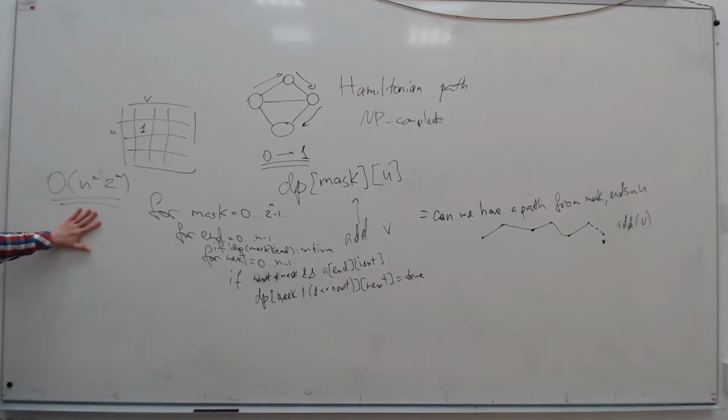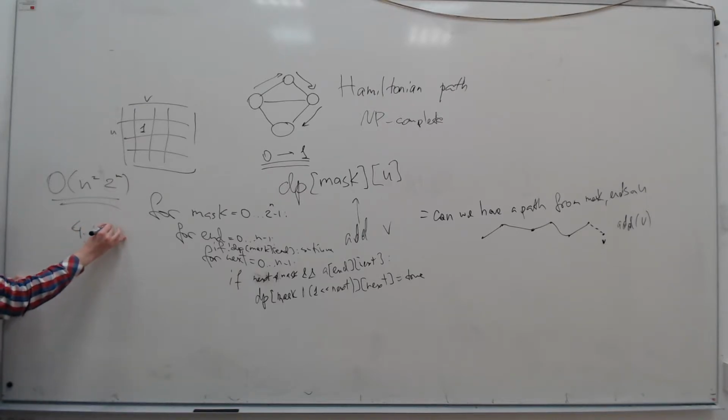So this problem is reasonable to solve where n is approximately 20, something like that. The total number of operations will be approximately 4 times 10 to the power of 8 if you put n equal to 20.